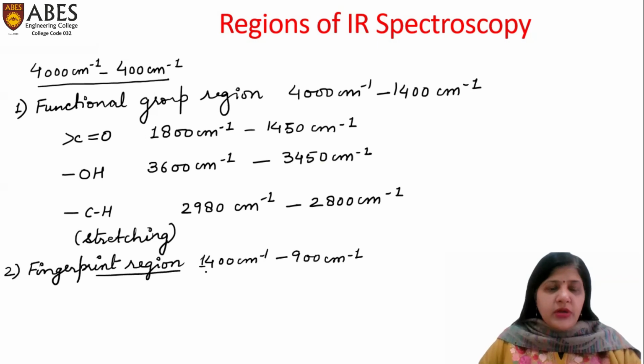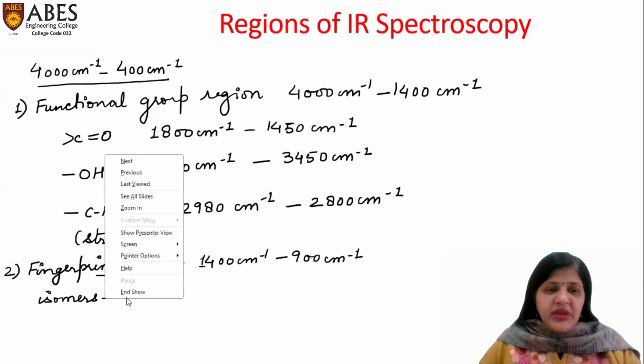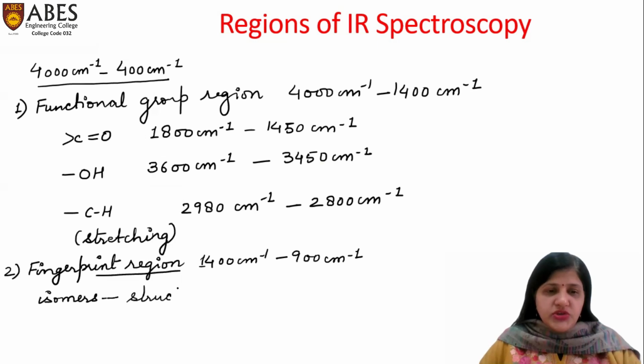This band gives information about each and every isomer present in the sample, just like our fingerprints are our identity. In a similar way, the bands in this region are the identity of the particular isomer present in the sample. These isomers can be structural isomers, or they can be stereoisomers.